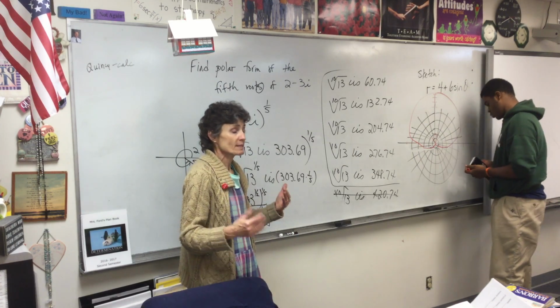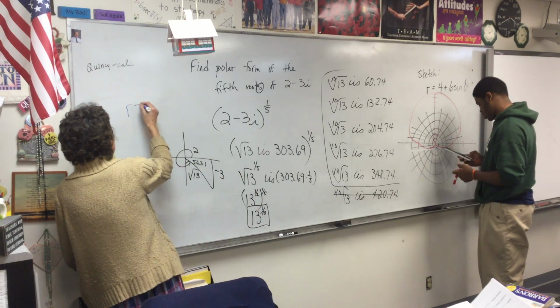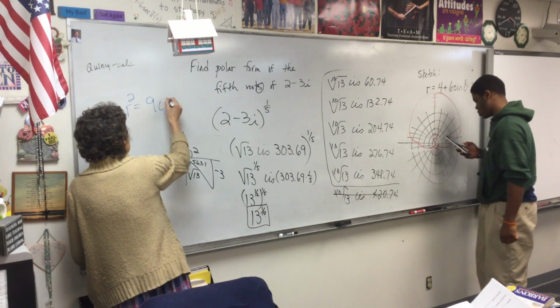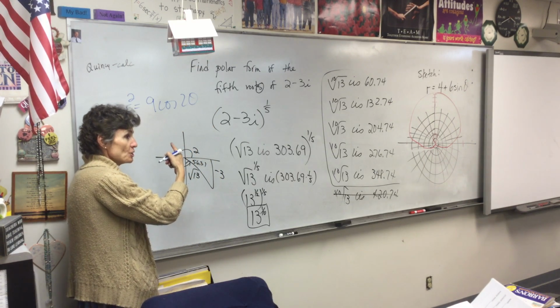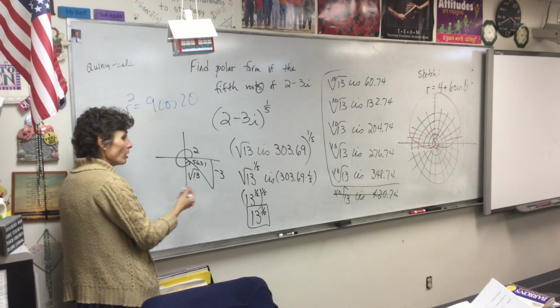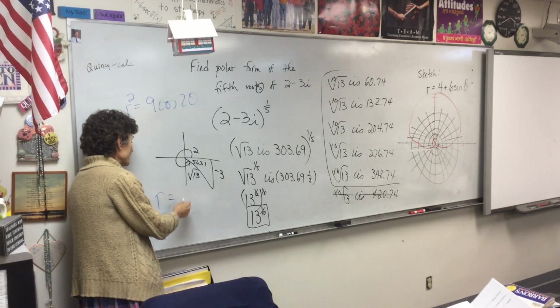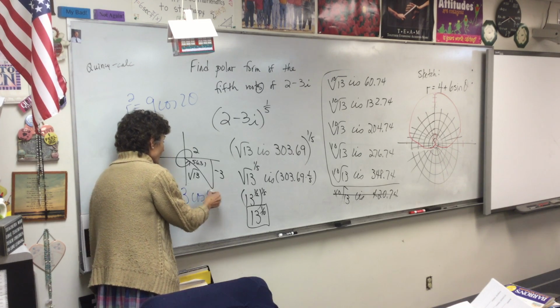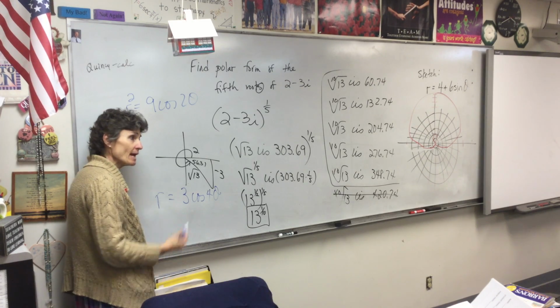So in terms of me asking that kind of question, I would feel perfectly comfortable giving you this and saying, what curve is that? And you would say that's a lemniscate because it has an R squared. I would also, because we've already quizzed over it, feel perfectly comfortable giving you something like this and saying, how many leaves does it have? 8.